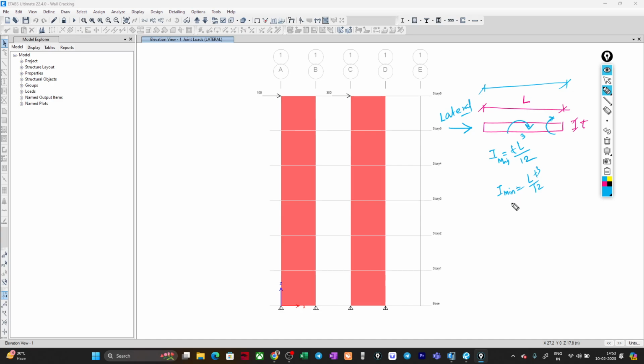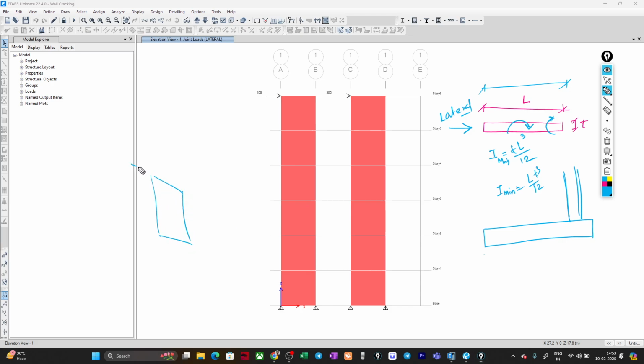Now it depends on how you are considering or how you are designing the wall. Okay, so if your wall is the only element which is responsible for resisting the lateral force, and also it is load bearing, suppose you have also beams connected in the perpendicular direction, so obviously the load on this beam or the slabs will try to bend the wall in the other direction also. Suppose this is my wall.